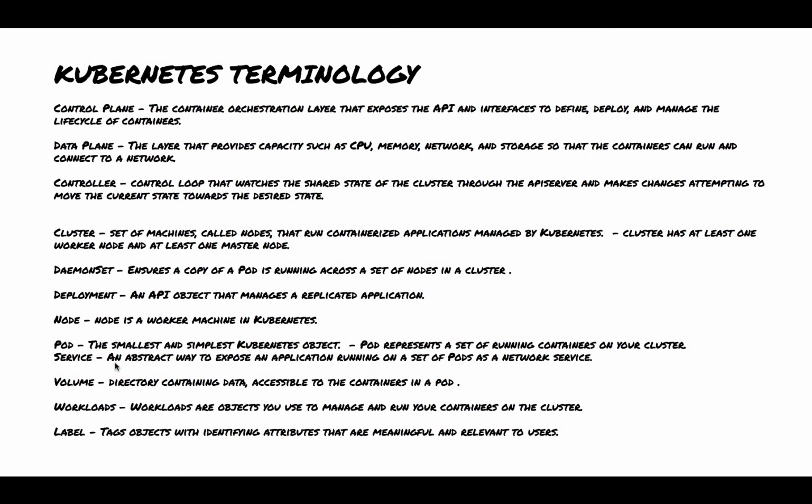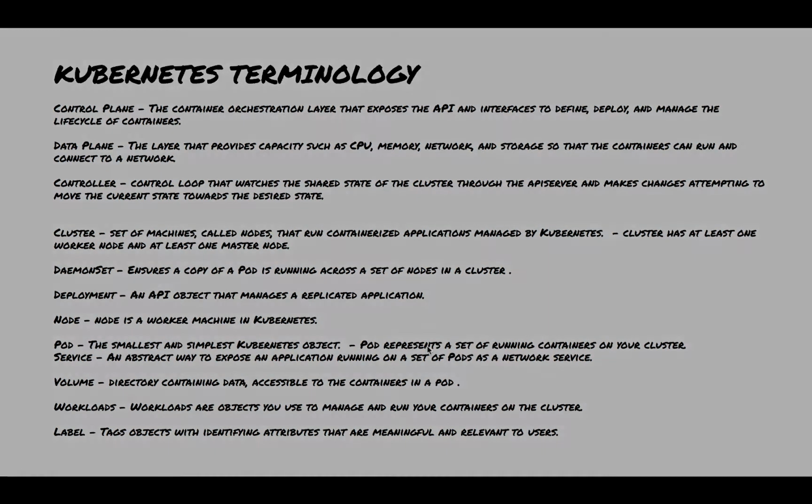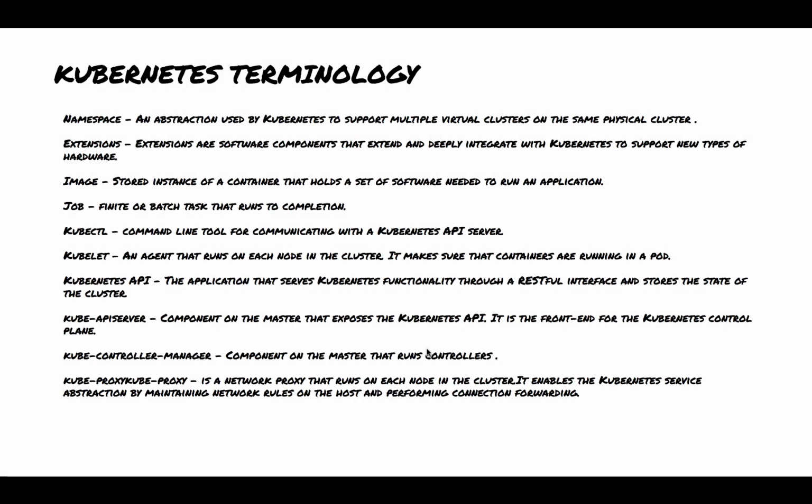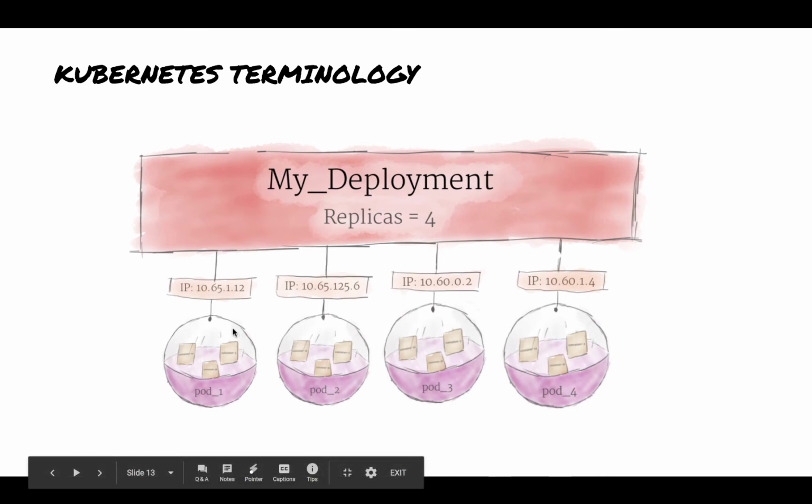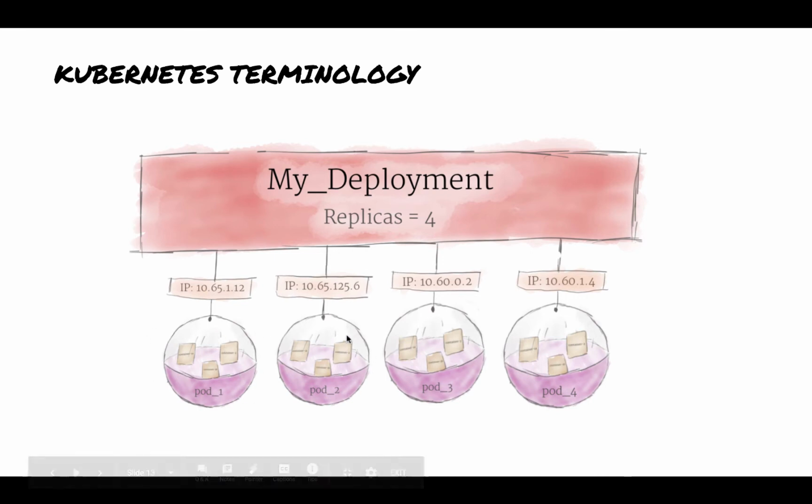Then comes a service, which is the abstract way to expose an application running on pods. For example, let me go back to the diagram. Say you have this identity pod, and say this pod 2 is also an identity pod, but they do the same task, and you want to expose them to the external world as one port and IP.